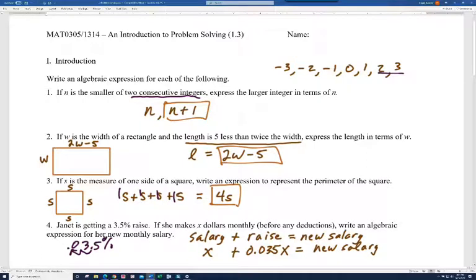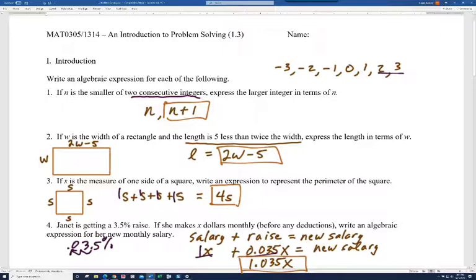Now notice these are like terms. And so we can combine these terms together and we get 1.035x. That's an expression that represents her new monthly salary.